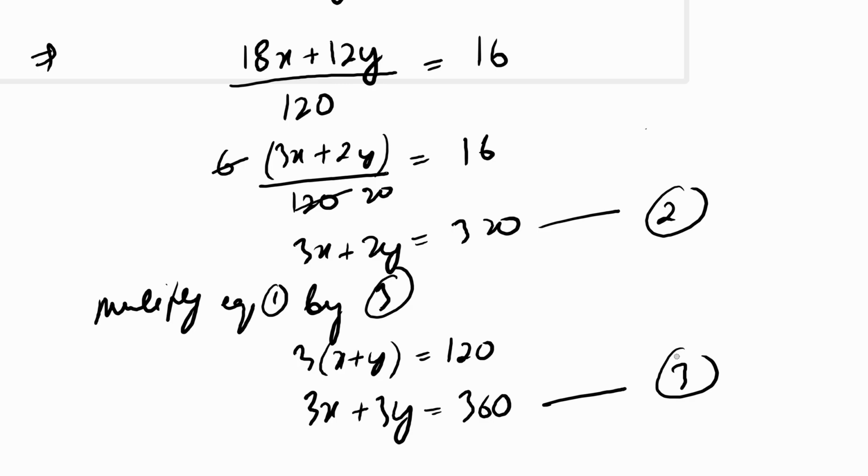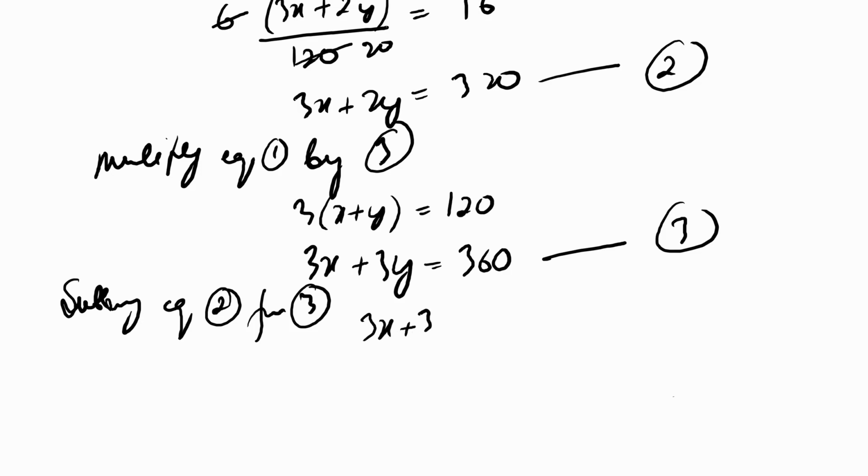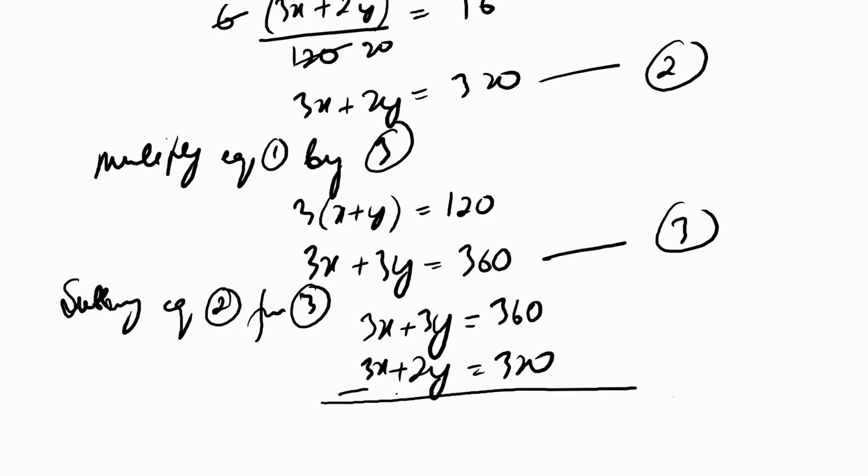This will become equation 3. Now subtracting equation 2 from 3: 3x plus 3y is equal to 360, 3x plus 2y is equal to 320. Minus, minus, minus, the 3x cancels, and y is equal to 40.